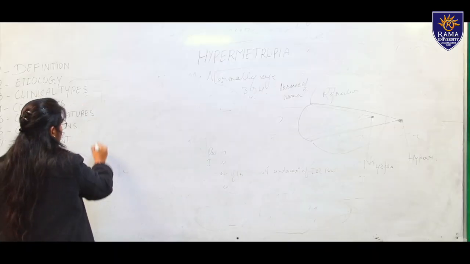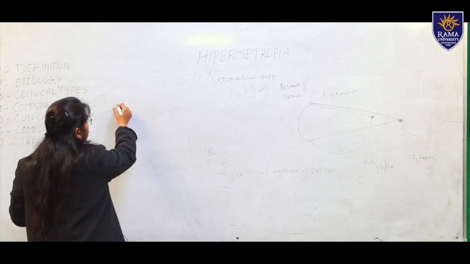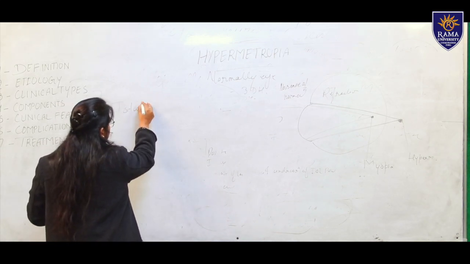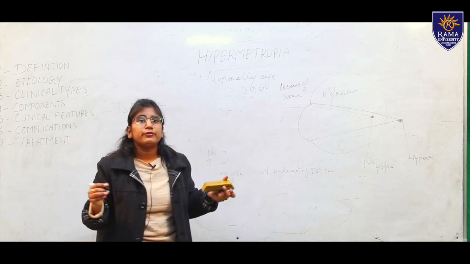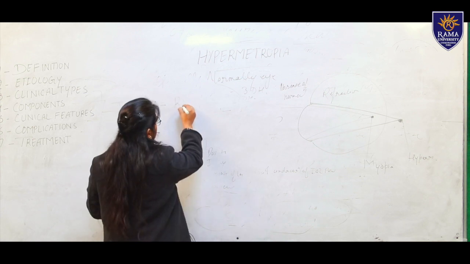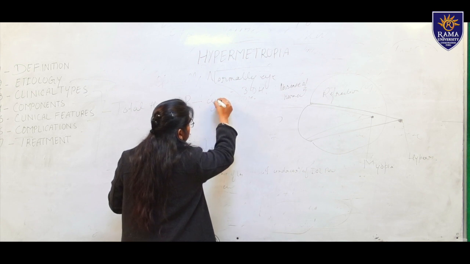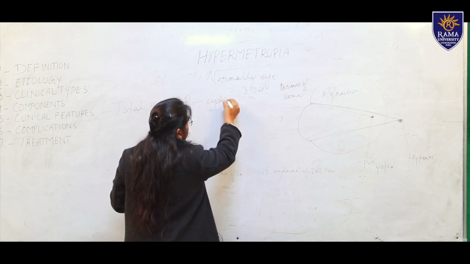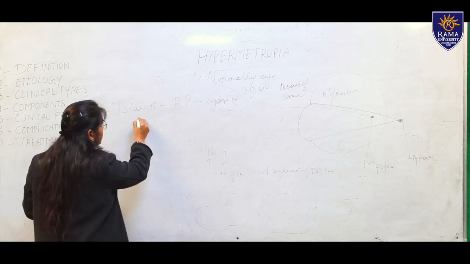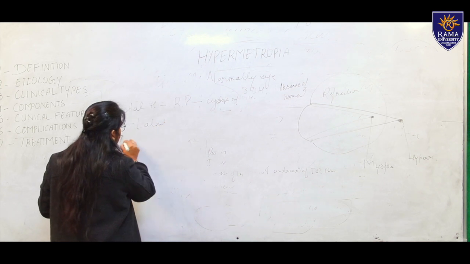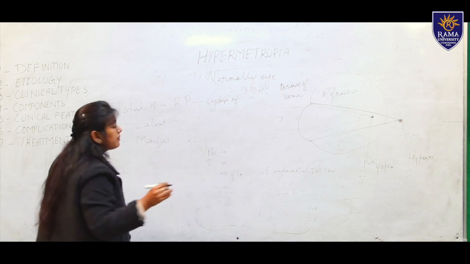Now components. What are the components of hypermetropia? The main one is total hypermetropia. Total hypermetropia is the total refractive power, which is estimated by cycloplegic refraction. Total hypermetropia includes two types, latent and manifest. What is latent hypermetropia?